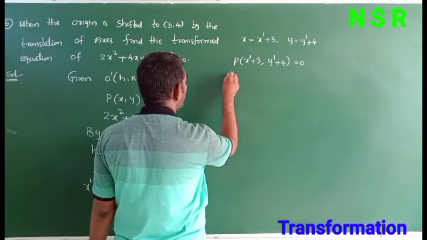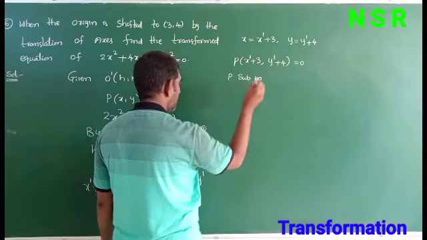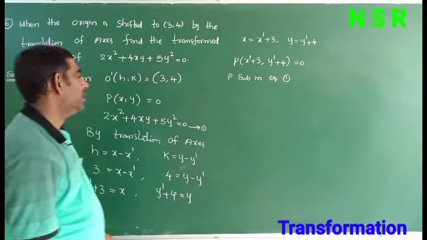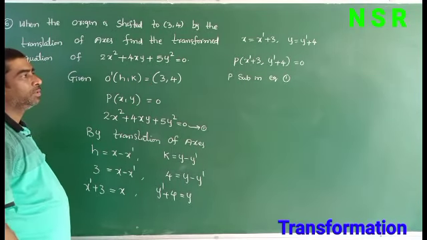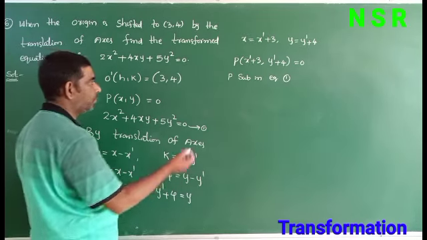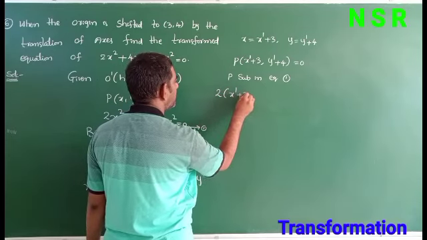Now, substitute this in equation 1, meaning in place of x, y substitute x dash plus 3 comma y dash plus 4. So, 2 into x value, x dash plus 3.